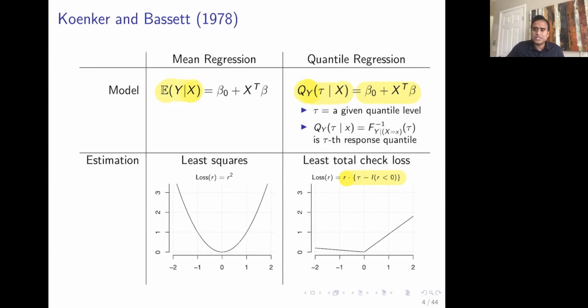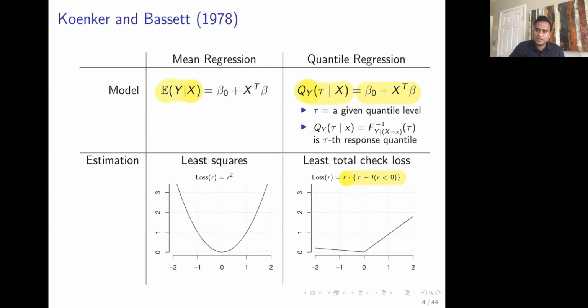But if you're interested in something non-central, if tau was small or closer to 1, then it's still two straight lines joined at 0, but the slopes of those two straight lines are going to be negative 1 minus tau and tau. This example is for tau equal to 0.9. So that's the only change you do to the loss function.